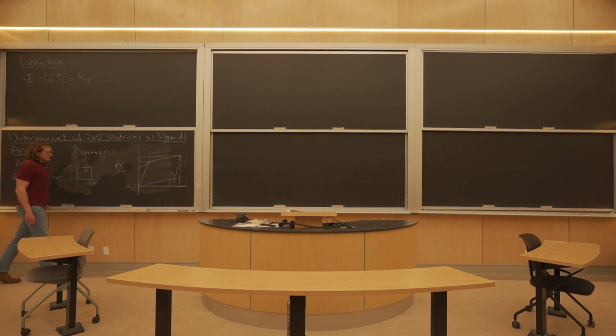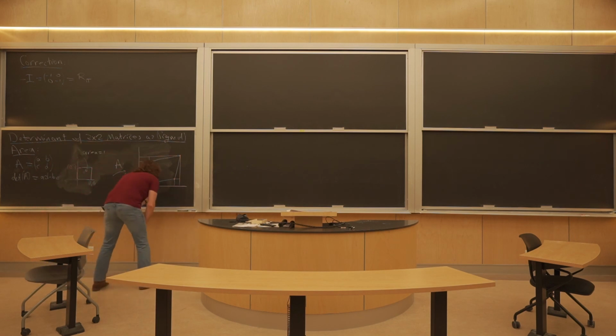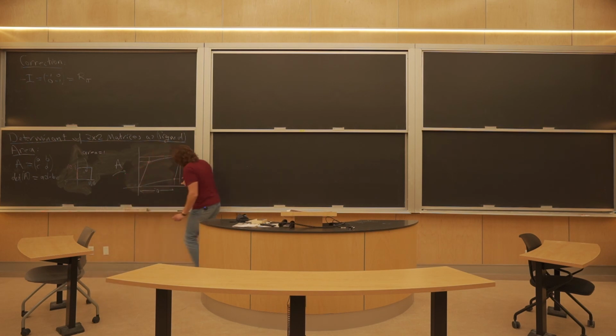Okay. So first of all, note that the coordinates of this particular point are the first column of A. So (a, c). a is the x coordinate, c is the y coordinate. So I can say that this length is a, and this length is c.